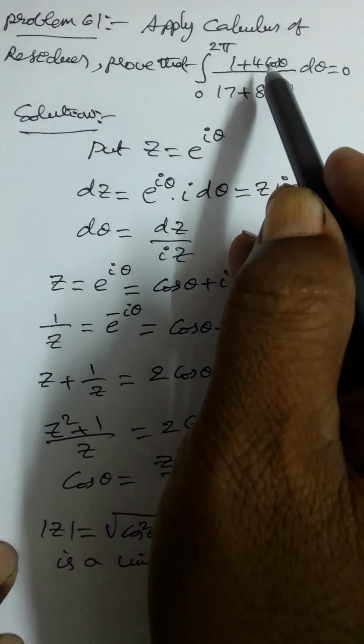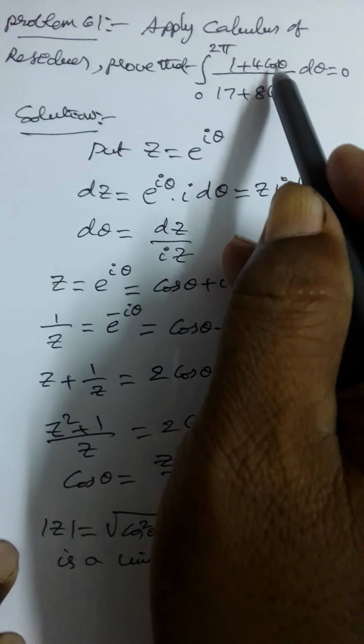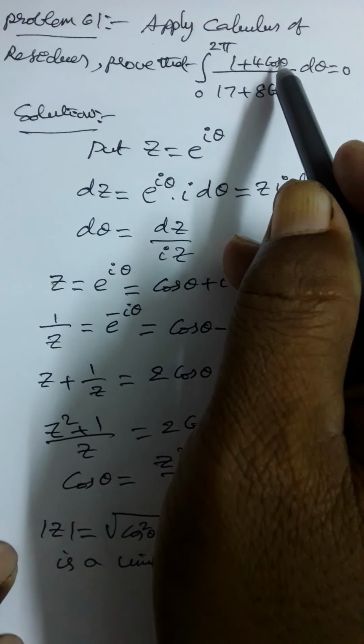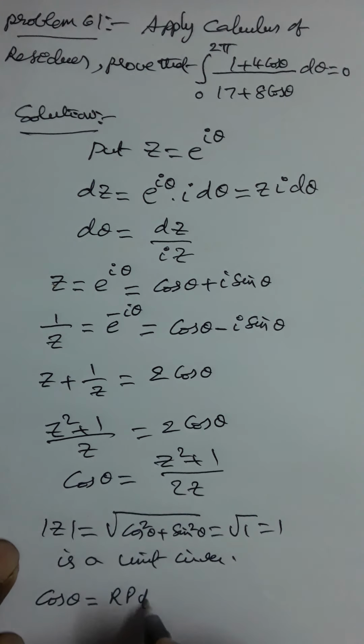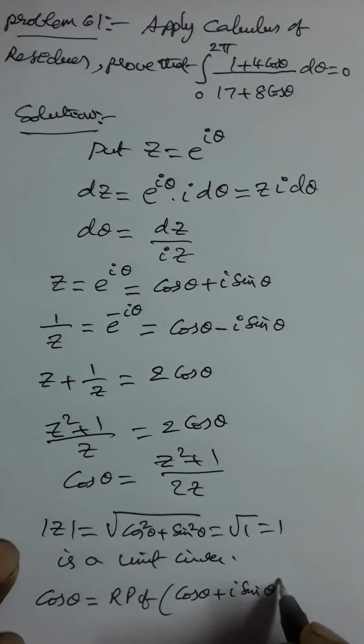For the numerator, cos theta is there. You write this cos theta. Look here. Cos theta is equal to the real part of cos theta plus i sin theta.